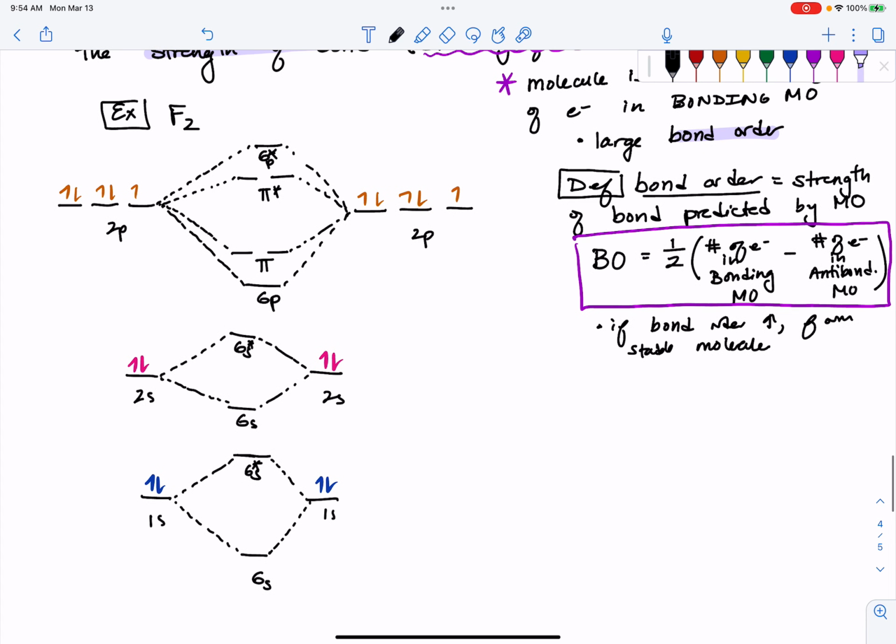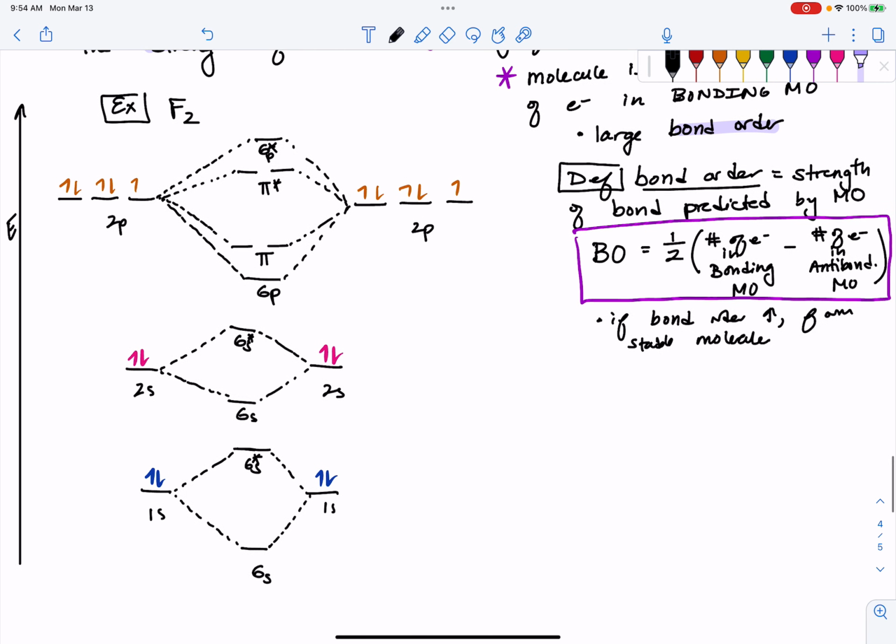So I've drawn here on the left at least kind of parts of our molecular orbital diagram for fluorine that we did in our prior video. And I want us to see if we can calculate the bond order of fluorine and predict whether or not this is a stable molecule.